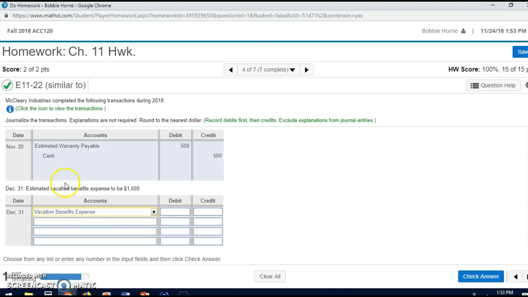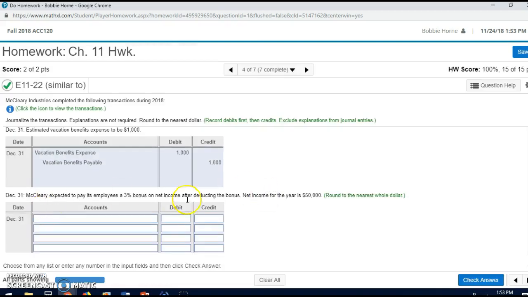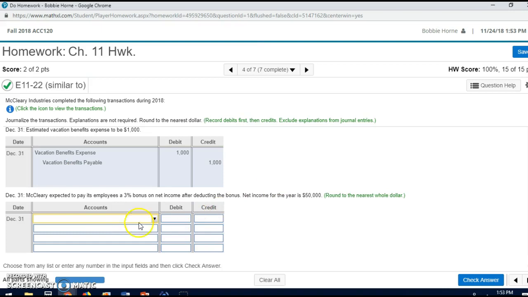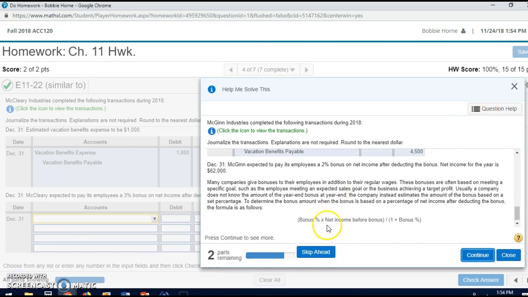Estimated vacation benefits expense is $1,000. And then 3% bonus on net income after deducting the bonus. Net income for the year is $50,000. And if you click on question help and click on help me solve this, you will see the formula.